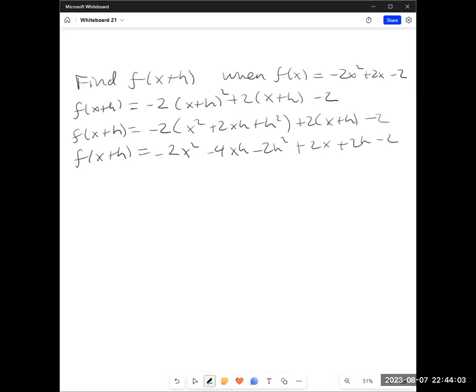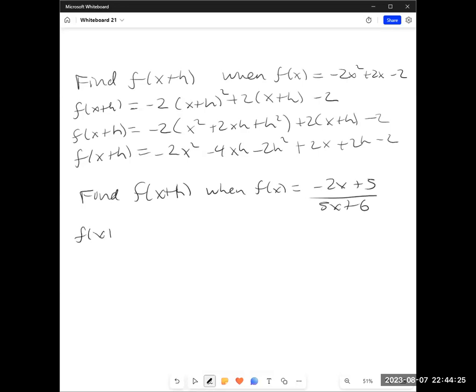Let's do one more of those. We want to find f of x plus h when f of x equals negative 2x plus 5 in the numerator and 5x plus 6 in the denominator.